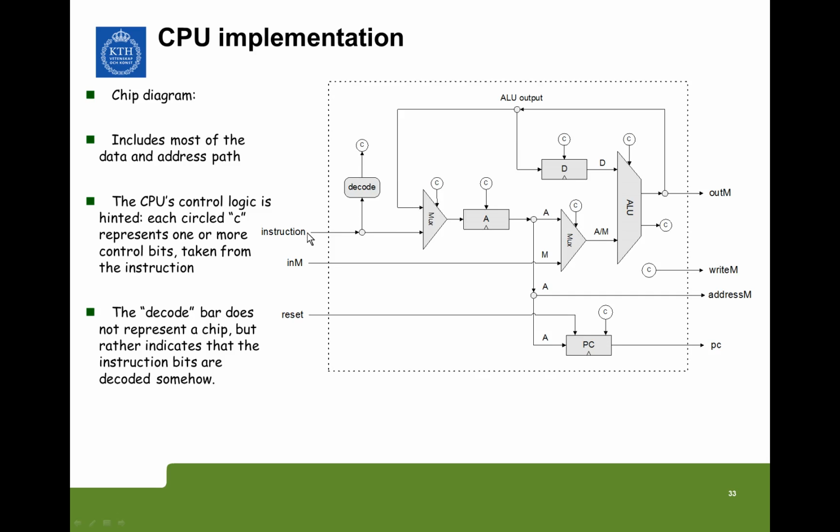It also shows data and address paths for connecting these units. What it doesn't show is actually how to decode the instruction so that the CPU does what it is supposed to do. So this will be the CPU's control logic, and what we have as help are these small circled C's. They show that here some control should be implemented.